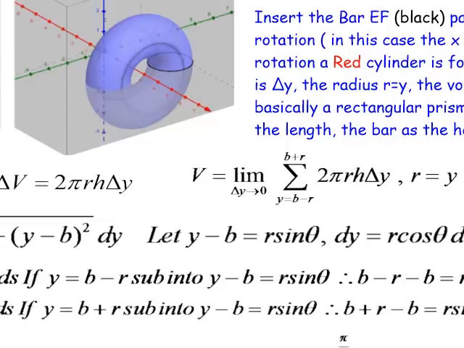If you let y minus b equal r sine theta, dy is equal to r cos theta d theta. You see the y bounds will have to change to theta bounds. You can see here I went through that process: theta is minus pi on 2 on the bottom, and up the top it's pi on 2.